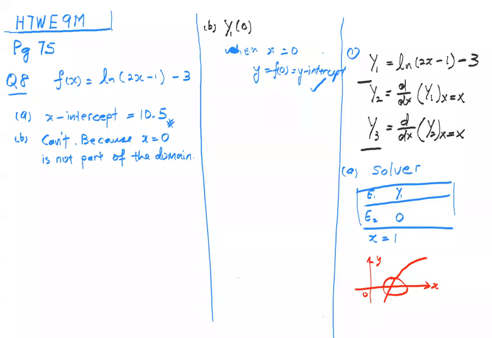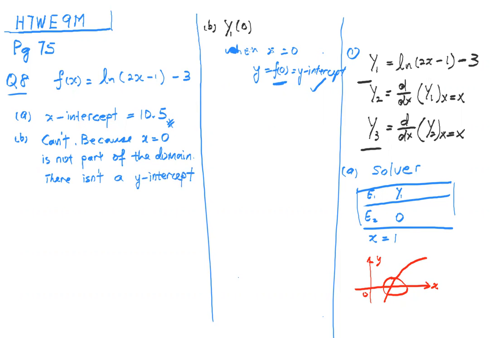You have to know the meaning. When they ask for significance, they are asking for the meaning of f(0). So you interpret: if you can't find f(0), the significance is that there isn't a y-intercept.